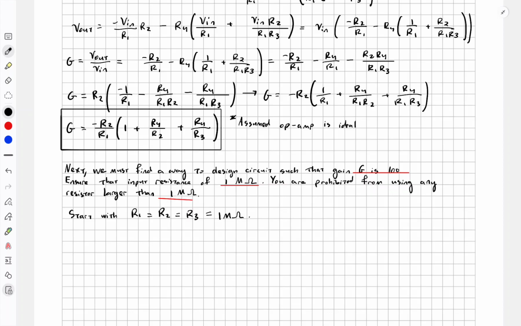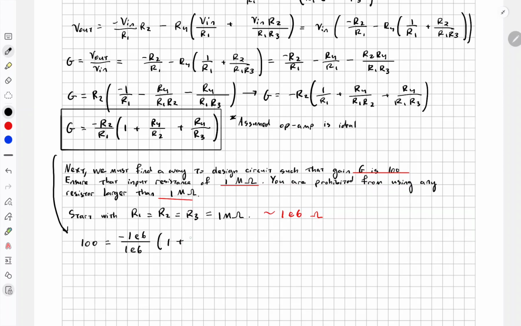Okay, we have the equation for gain. We're told that gain has to be 100. 1 mega ohm is 1 E6, right? 1 times 10 to the 6 is 1 mega ohm. So the gain equation is negative R2 divided by R1. R2 is negative 1 mega ohm divided by R1, which is 1 mega ohm. Just fill in.